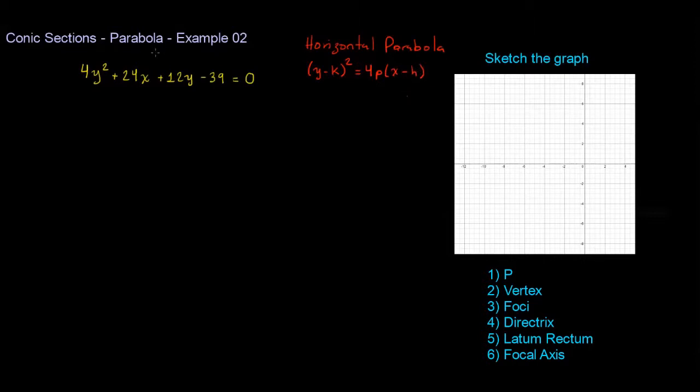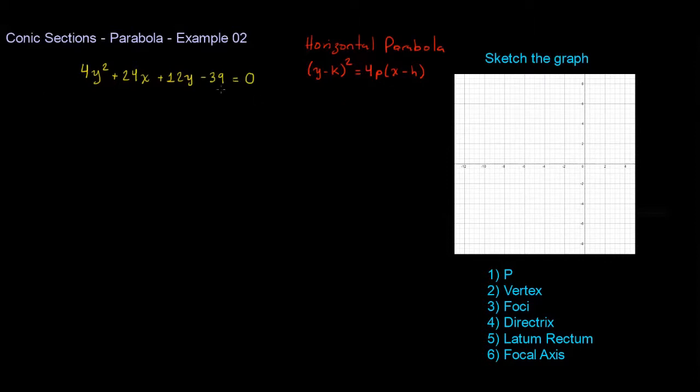Now, in this horizontal parabola, the value of b will tell us if it's positive or negative. If it's positive, it's going to open to the right, and if it's negative, it's going to open to the left. So basically, we have to do something like this or something like this, depending on the kind of parabola.